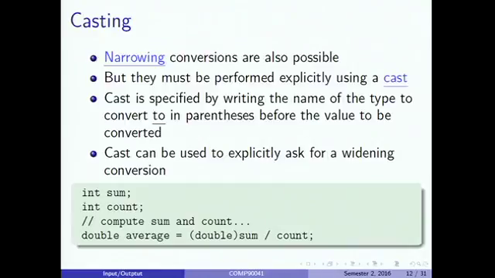Remember I said division, or all of the operations, work on the same types on both sides. Now I've got a double on the left and an int on the right. So what happens? Why does this work? Exactly.